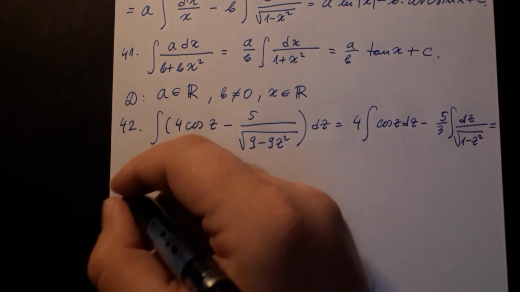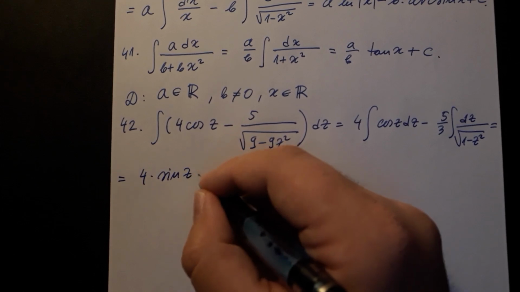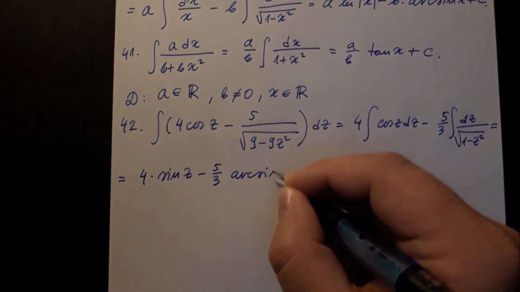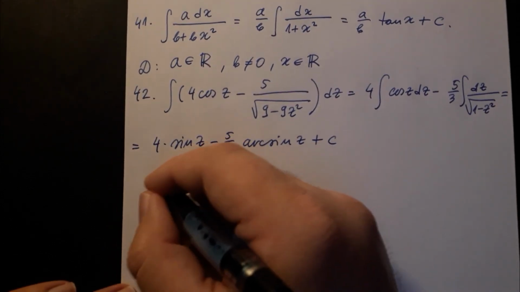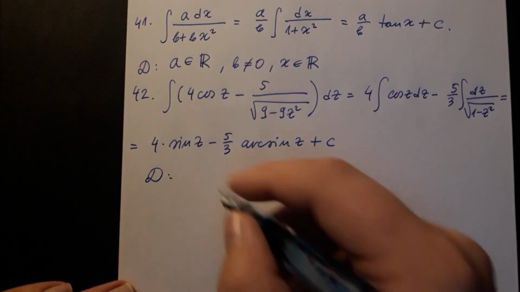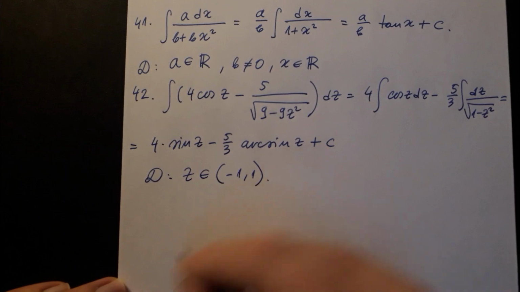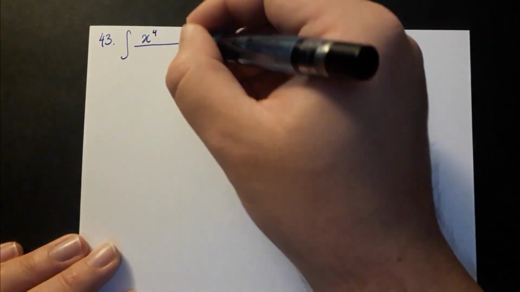This is then equal to 4 times sine of z minus 5/3 of arcsine of z plus c. And the area in which this integral is defined is for all z's which are from minus 1 to 1 open interval.